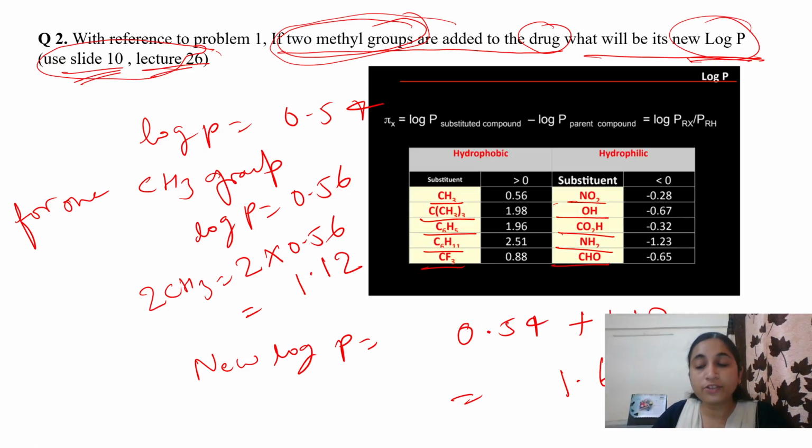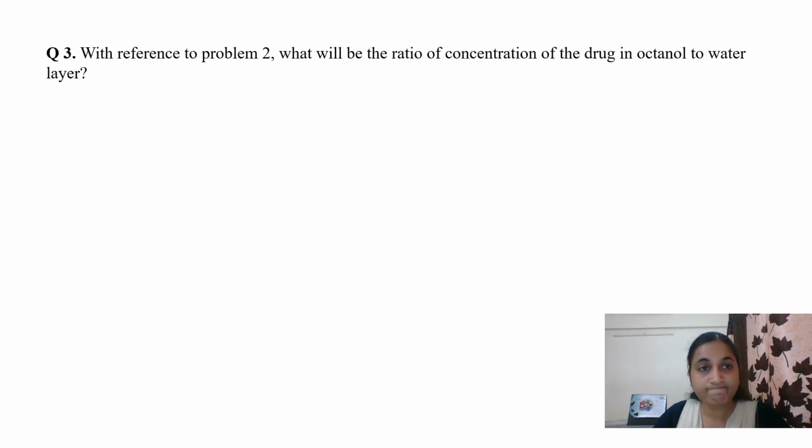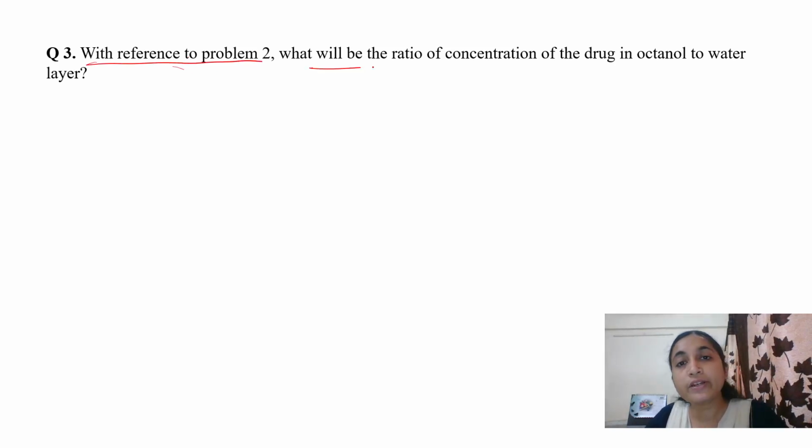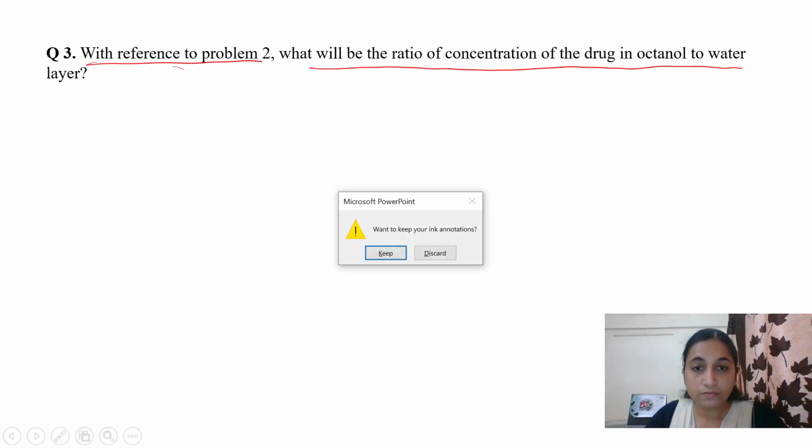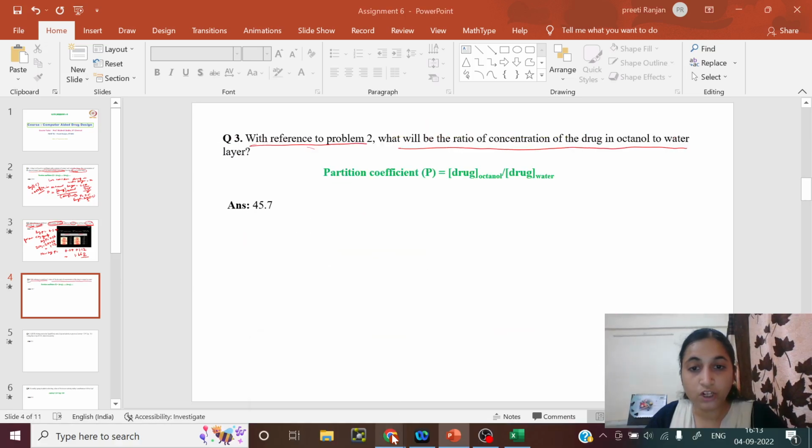So now come to question number 3. With reference to problem 2, what will be the ratio of concentrations of drug in octanol to water layer?